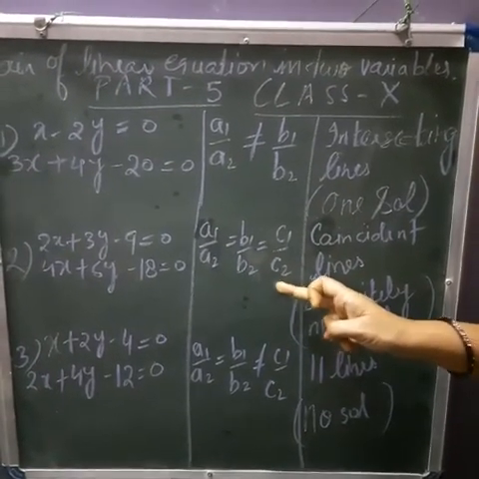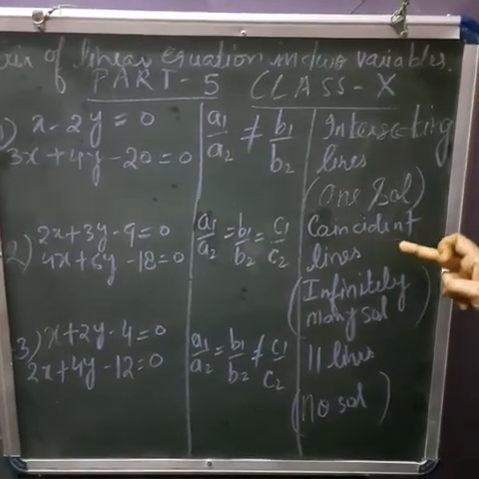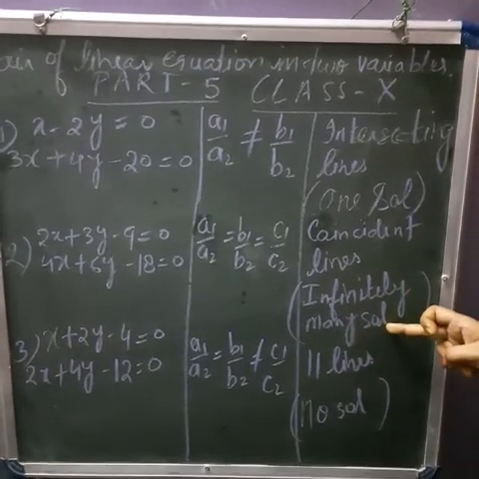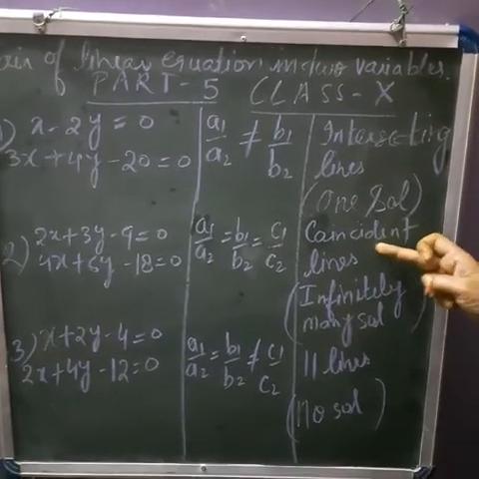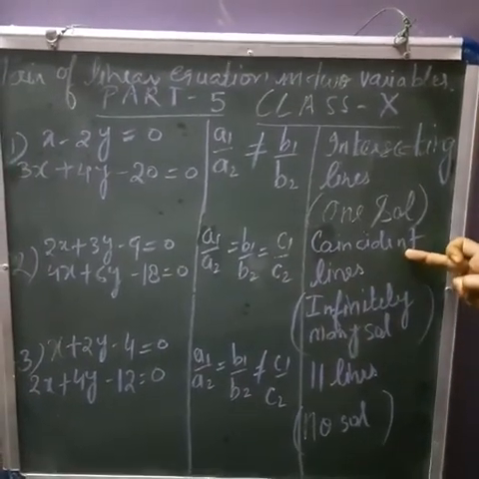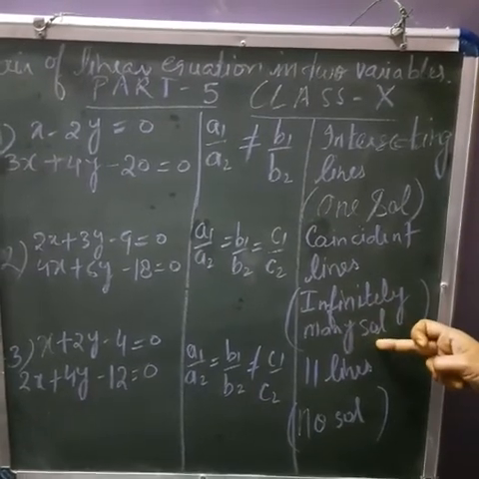These lines are called coincident lines. In coincident lines, we have infinitely many solutions. Remember it: in this type of condition, we have coincident lines, which means infinitely many solutions.